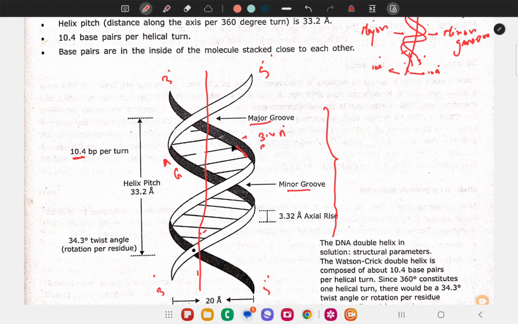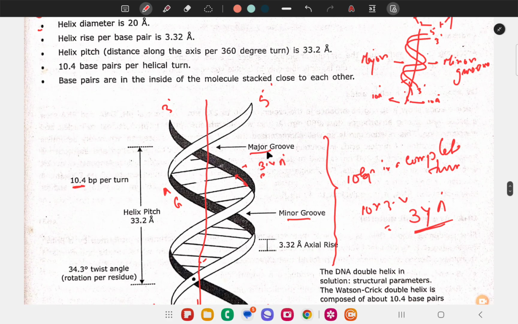So there are 10 base pairs in a complete turn. 10 times 3.4 is 34 angstrom, the size of a complete turn, where one major groove and one minor groove are present.